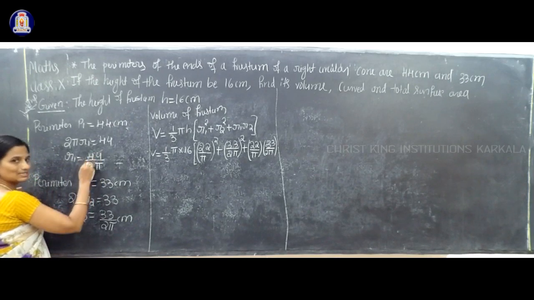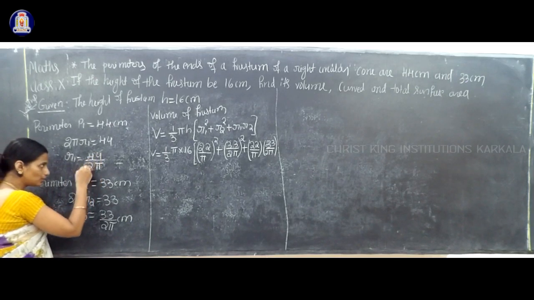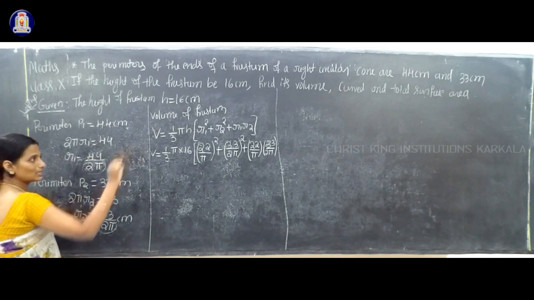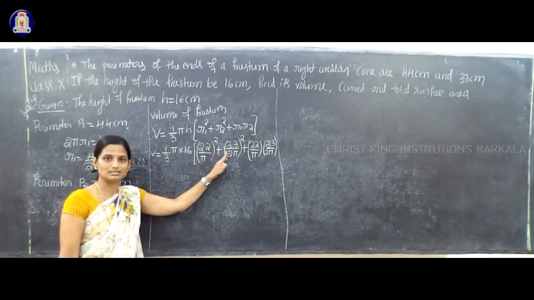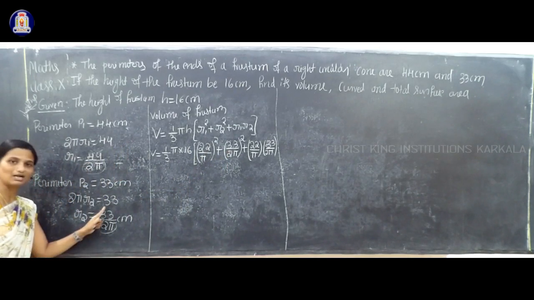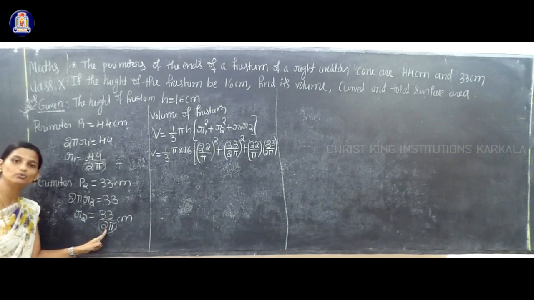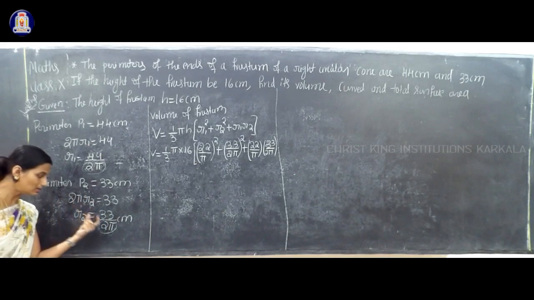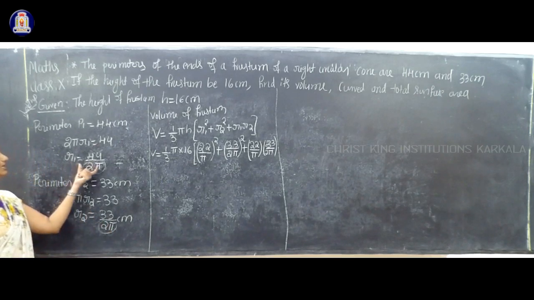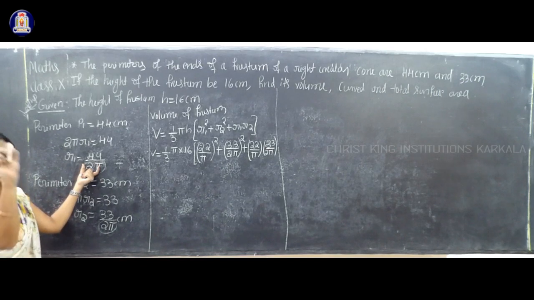I don't cancel here because if you keep the denominator same, then you don't get confusion to get the LCM. Clear now? 33 by 2 we can't cancel. So here the denominator is 2 pi. With respect to this, keep this denominator as 2 pi. Then it is easy to take LCM.